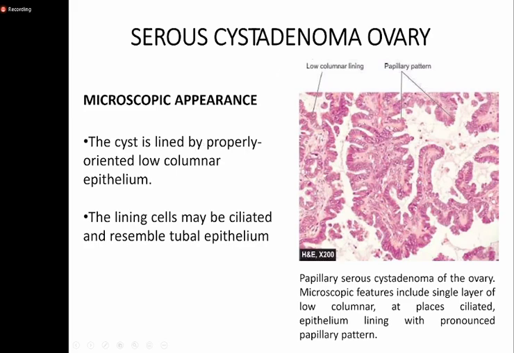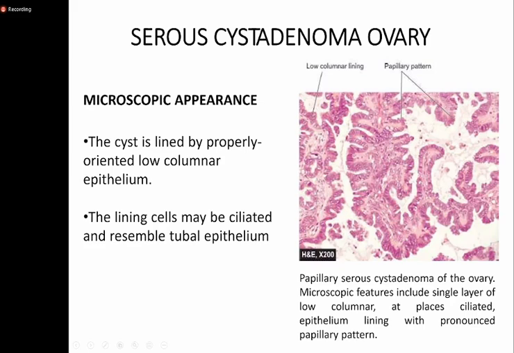The cells look fairly regular around all the papillary projections, and you can't see the cilia on these columnar cells at this magnification, and the cells resemble tubal epithelium. They all look pretty regular and uniform.